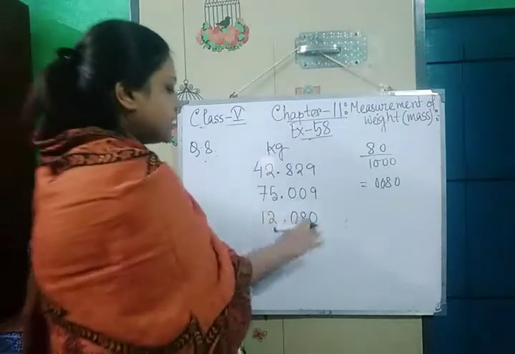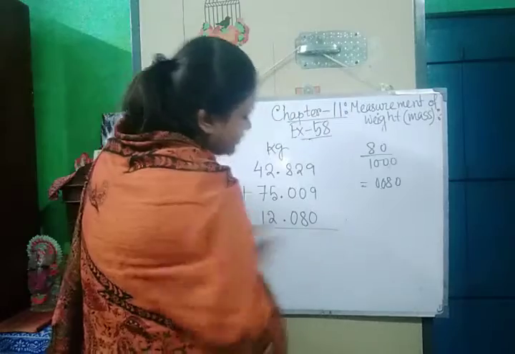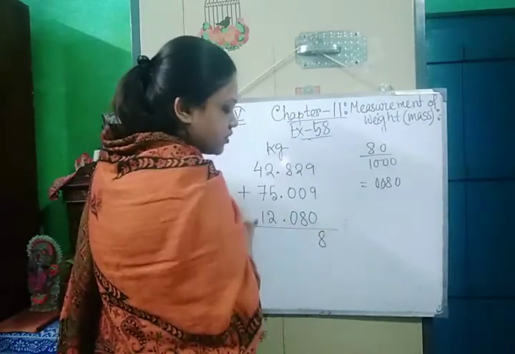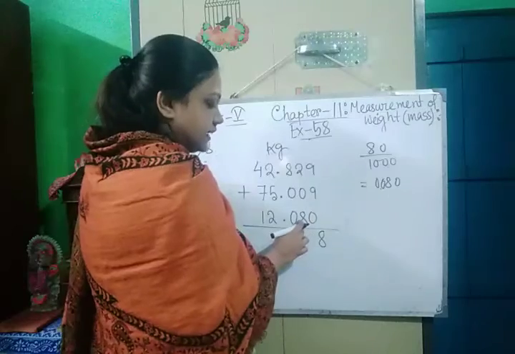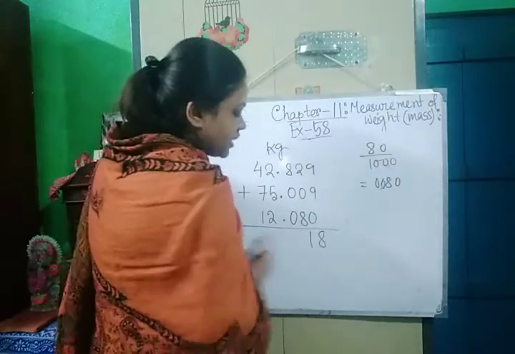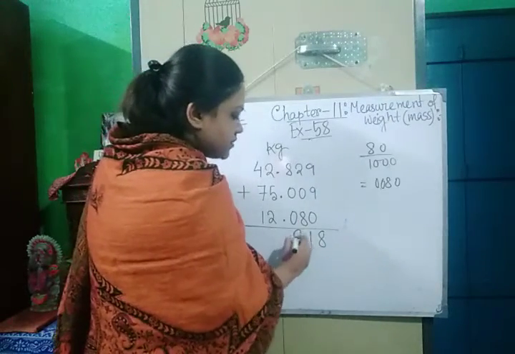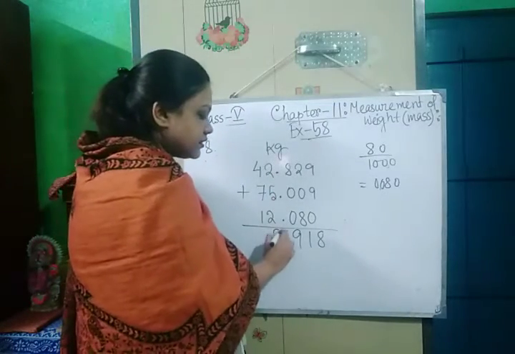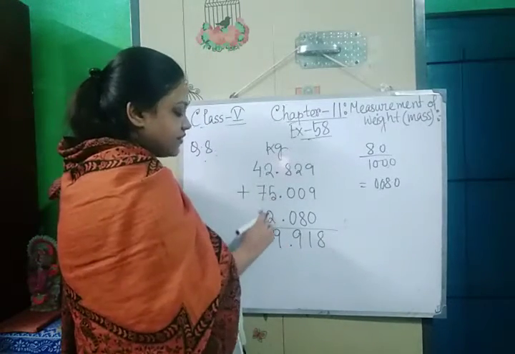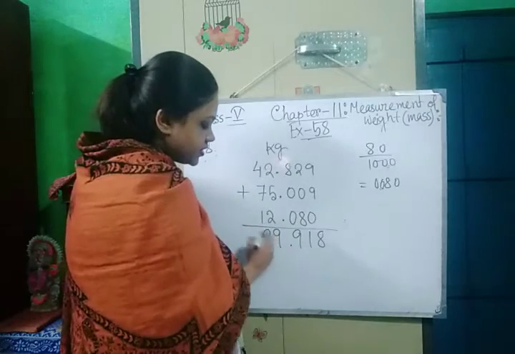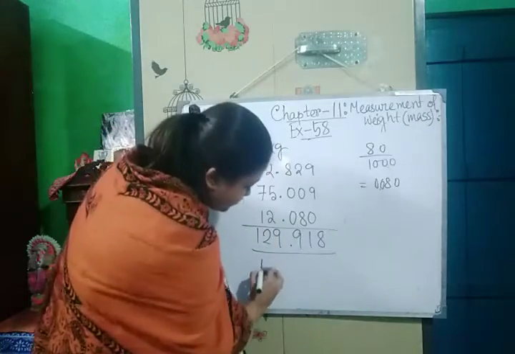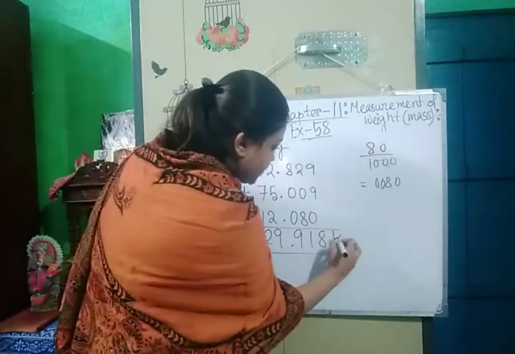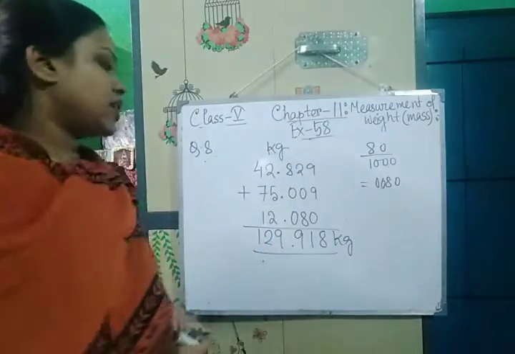So this is 12 kg 80 gram. Now we will add these three masses. 9 plus 9 is 18, 8 here and 1 in hand. 2 plus 8 is 10 plus 1 is 11, 1 here and 1 in hand. 8 plus 1 is 9. Now 2 plus 5 is 7 plus 2 is 9. 4 plus 7 is 11 plus 1 is 12. So that means 129.918 kg.